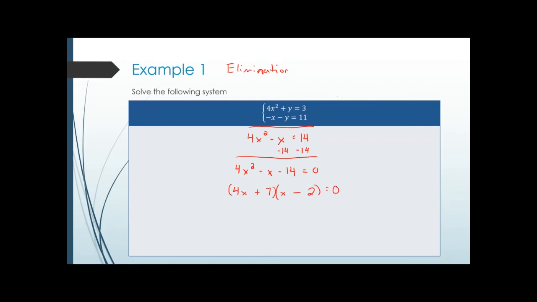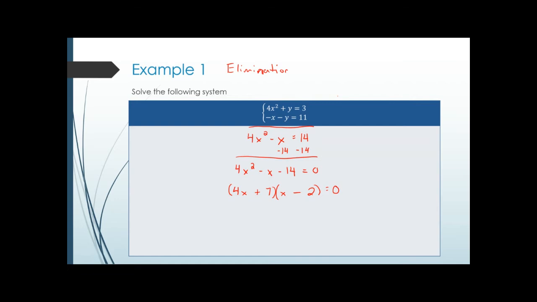So the inside is 7x, the outside, 4x times negative 2 gives me negative 8x, 7 minus 8 gives me that negative 1 in the middle. And then I can verify 7 times negative 2 gets me negative 14, and then 4 times 1 gives me my 4 for the 4x squared. So this one was factorable, and it was easy enough that I could do this one.